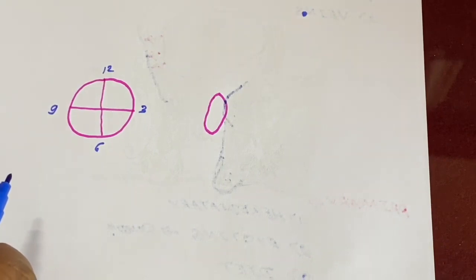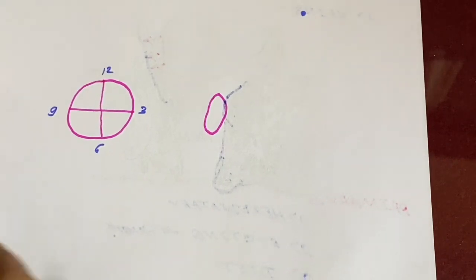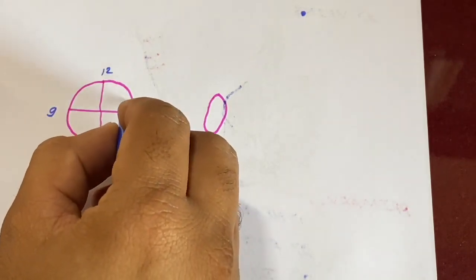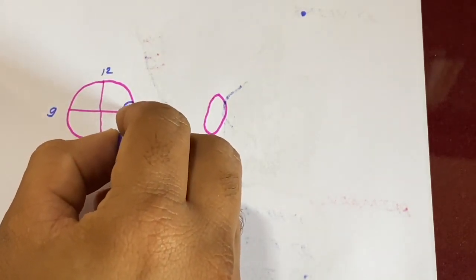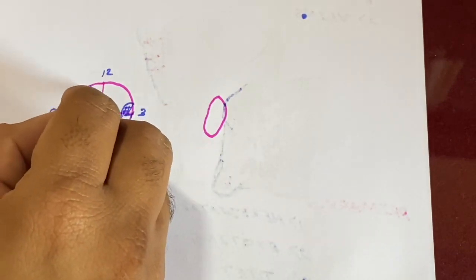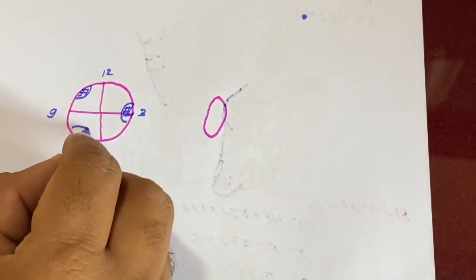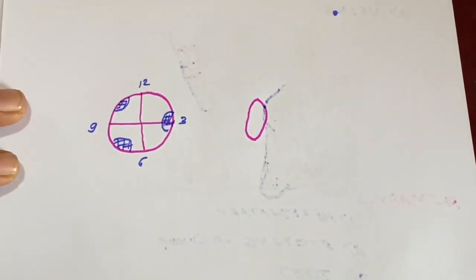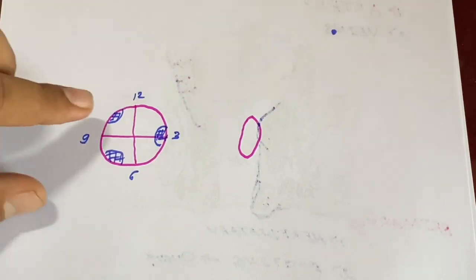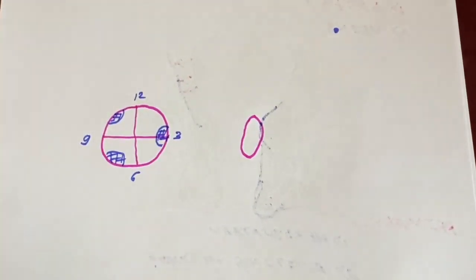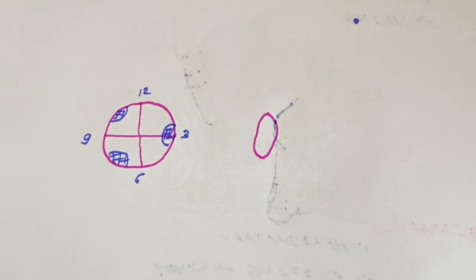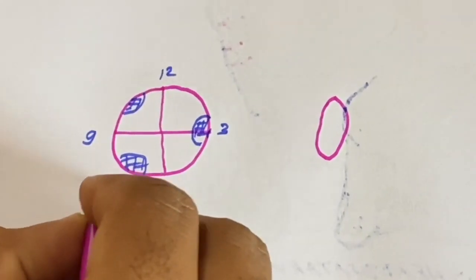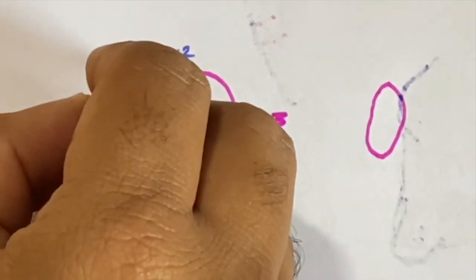The common places for hemorrhoidal development are 3, 11 and 7 o'clock. So 3 o'clock, 11 o'clock and 7 o'clock are the common positions for development of internal hemorrhoids.